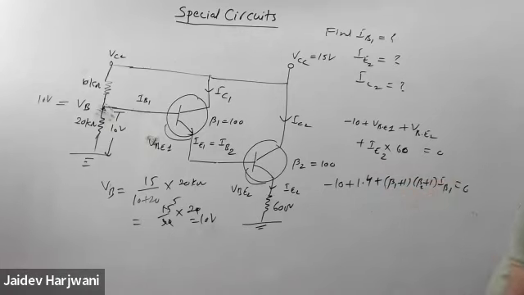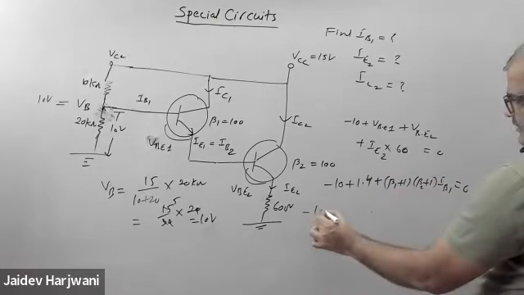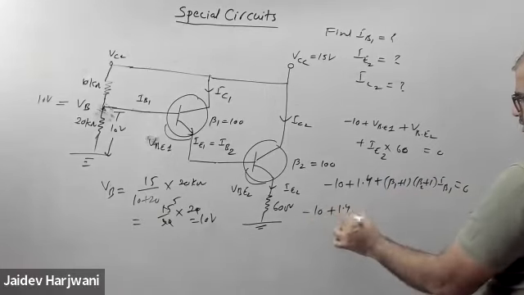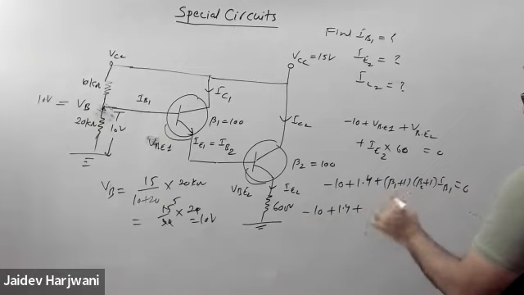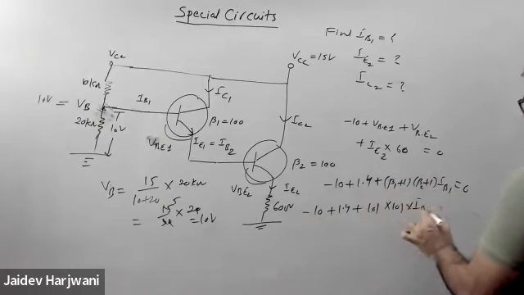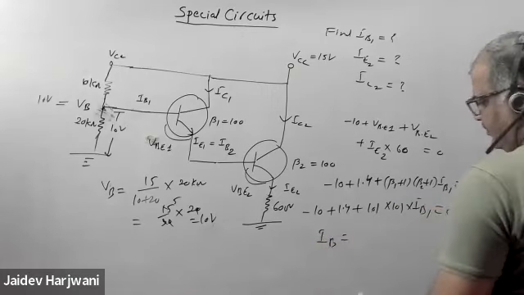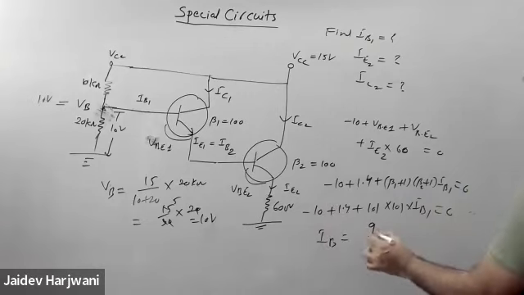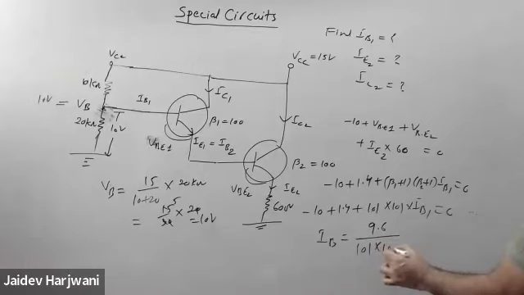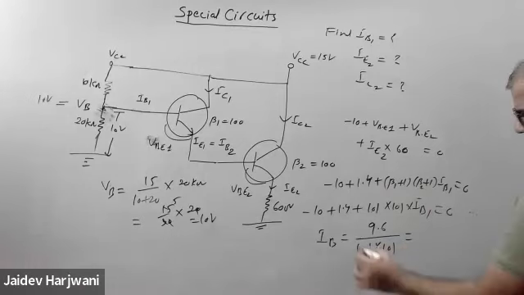So minus 10 plus 1.4, plus 101 into 101 IB1 into 60 equals 0, and this will give you the IB1 value. This becomes 9.6 divided by 101 into 101 into 60. So tell me how much you're getting.